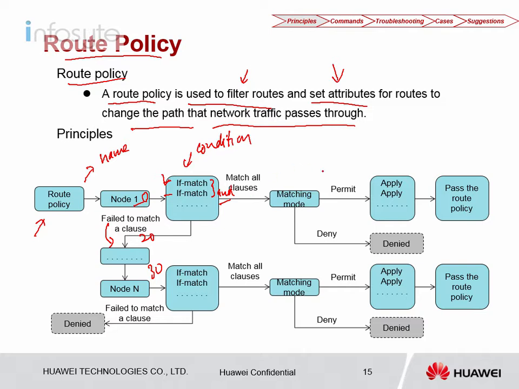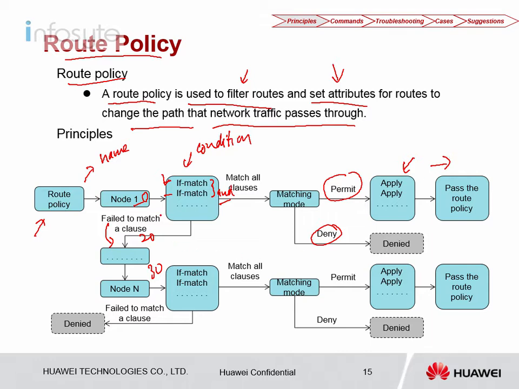Now if it's matched, then you have an action. The action can be permit action or deny action. If it's a permit action, then I'm going to apply the action. It can be applying local preference, it can be applying cost, it can be applying next hop. You have a lot of actions here. And then you pass the route policy.